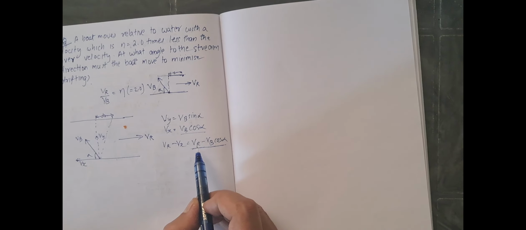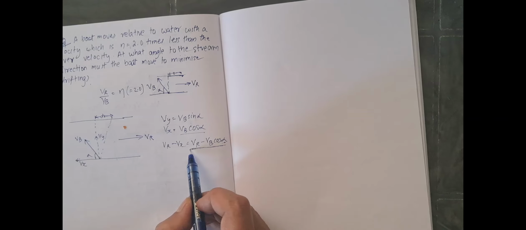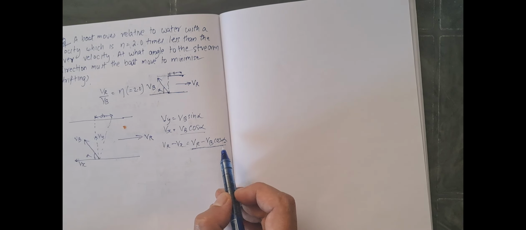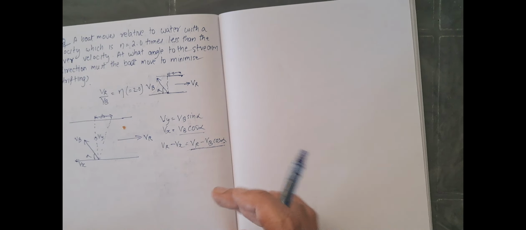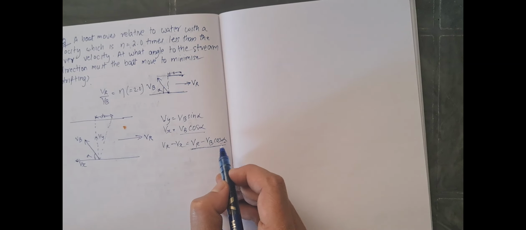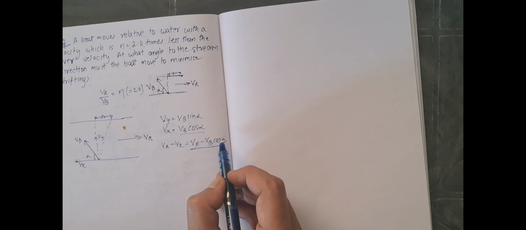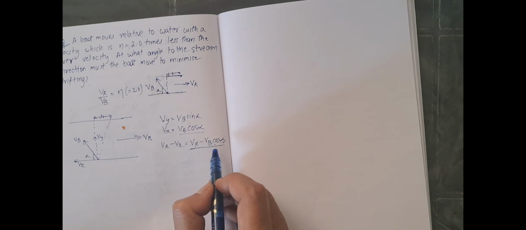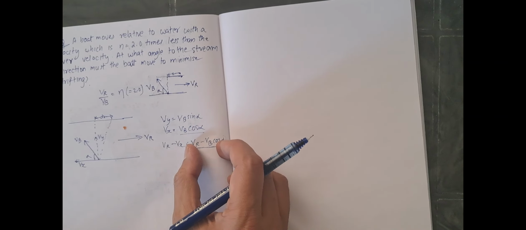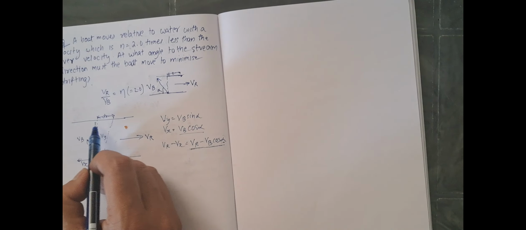So if you want to find out what is the angle for which this drifting must be the minimum, one aspect of it is we will basically try to consider the angle for which cos alpha is the maximum. In that case, Vr minus Vb will become minimum, and since the velocity is minimum, at that velocity the drift also will be minimum. That's one thing that we can say, but it's not exactly correct.